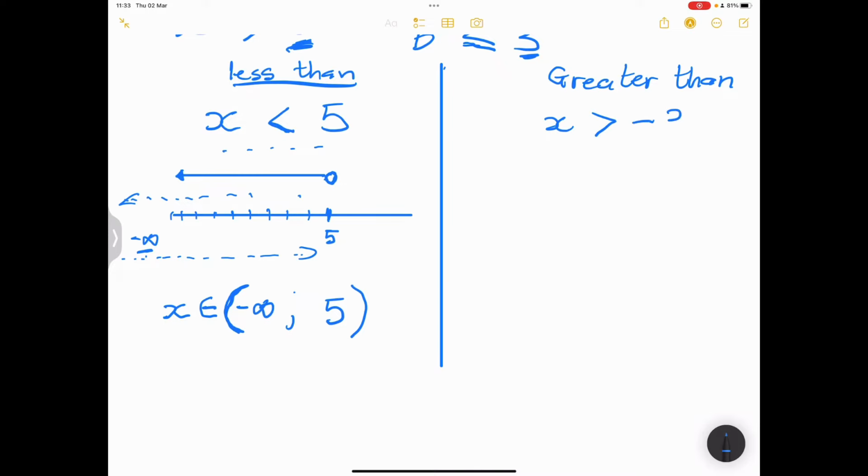It can be any value that is greater than negative 3. So there it is in my number line method. So let me just indicate that that's a number line. What is it telling me? That it's going to be all values of x that are greater than negative 3.